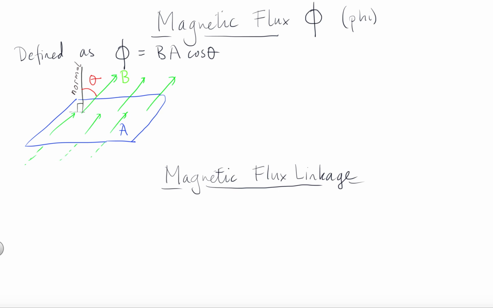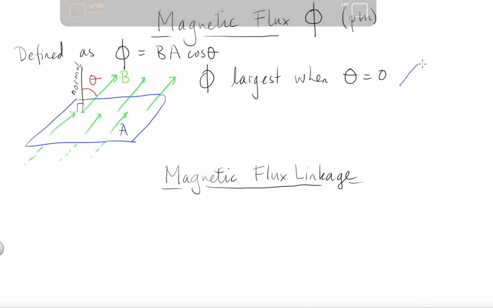So there are some deductions we can make from this. Phi is going to be largest when the angle is 0, because then cosine of 0 is 1, i.e. when we have the magnetic field perpendicular to the plane.